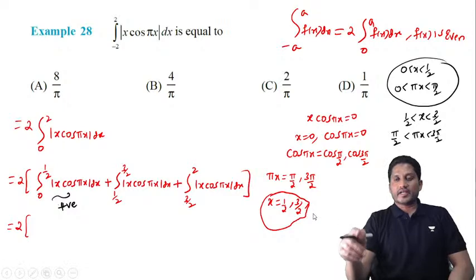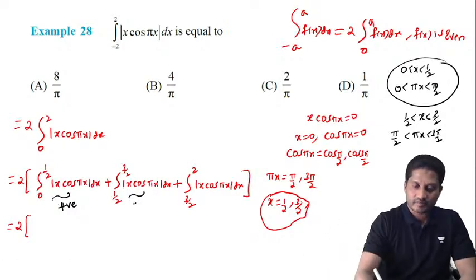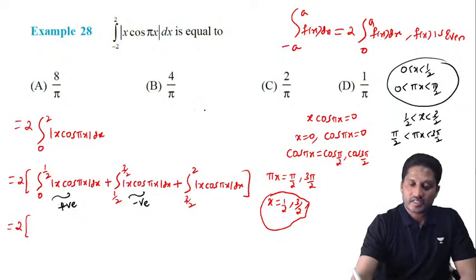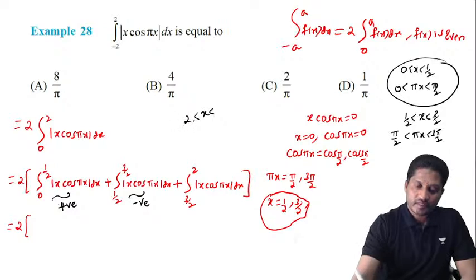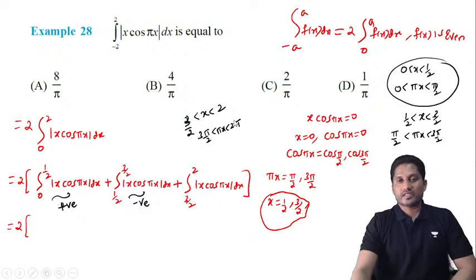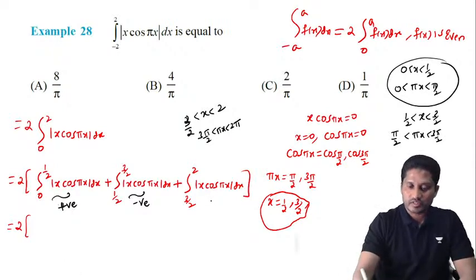If it lies between 90 and 270, obviously it is negative. So this fellow will be negative. Again, if x lies between 3 by 2 and 2, pi x will lie between 3 pi by 2 and 2 pi. Between 270 and 360, fourth quadrant, cos is positive, so this is positive.